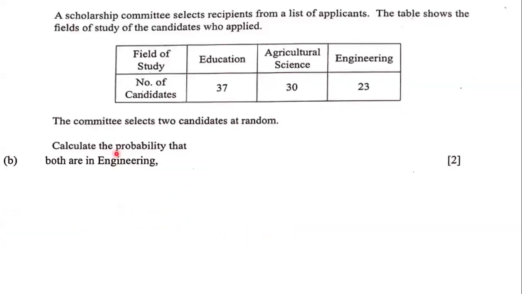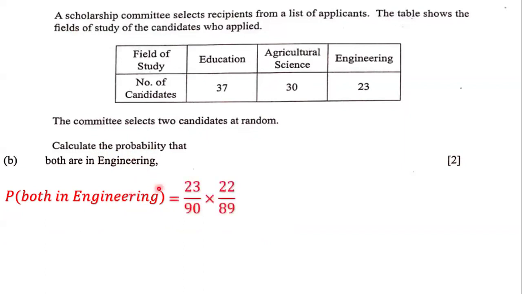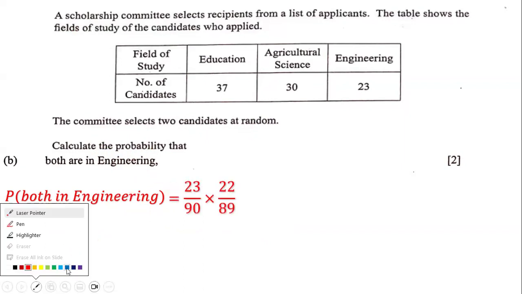Next, it says the committee selects 2 candidates at random. Calculate the probability that both are in engineering. So what is the probability that the first student selected is in engineering?